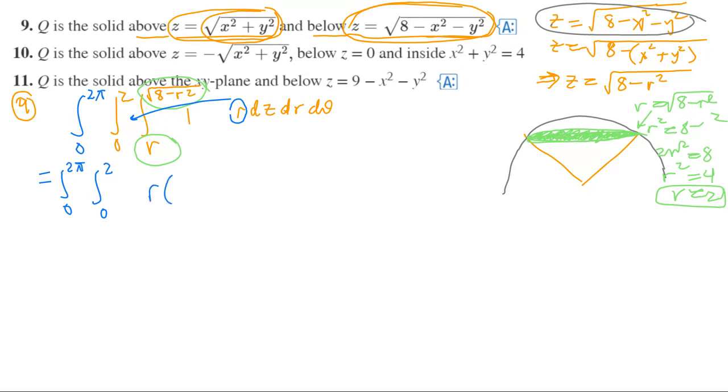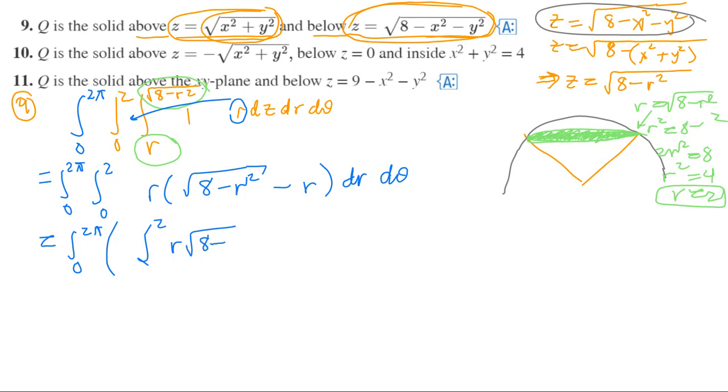So it will be something like this. And now you need to integrate this.